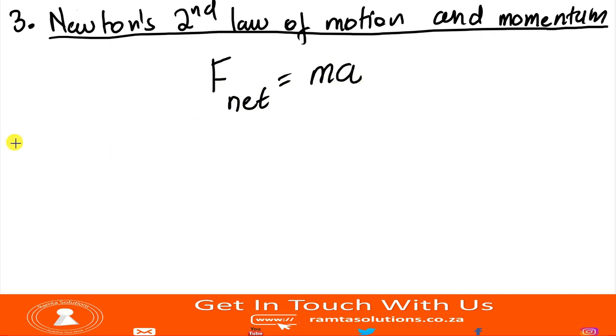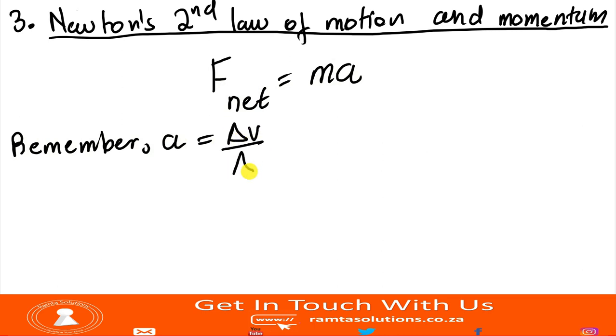Now remember from grade 10, acceleration is change in velocity over change in time. If you like, you can say it is final velocity minus initial velocity all over delta t. So on this equation, where there is acceleration, I will put this.